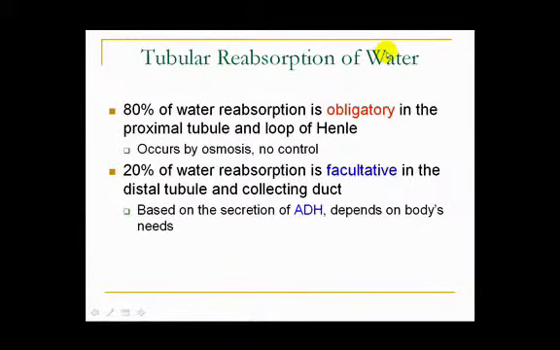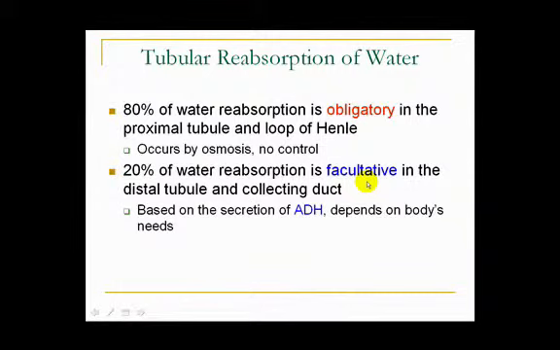Now when we look at water reabsorption, 80% of it is obligatory. You're obligated to reabsorb it just to maintain blood volume. And most of that's going to happen in the proximal tubule and the loop of Henle, and it's going to occur by osmosis. The rest of the water is facultative, which means it can be adjusted.